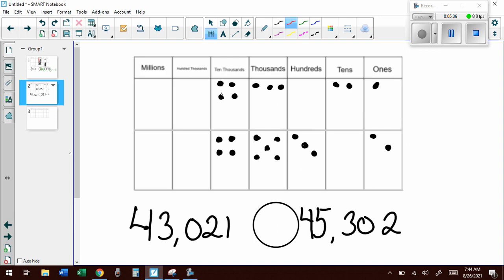They have the same in the 10,000s, but this has 5,000s right here, and this only has 3,000s, meaning that 45,302 is greater than 43,021. Your little alligator ate the smaller number and he's moving on to the bigger number.